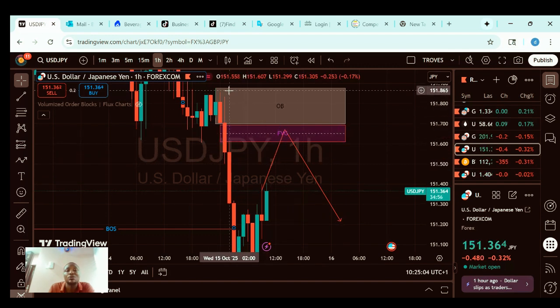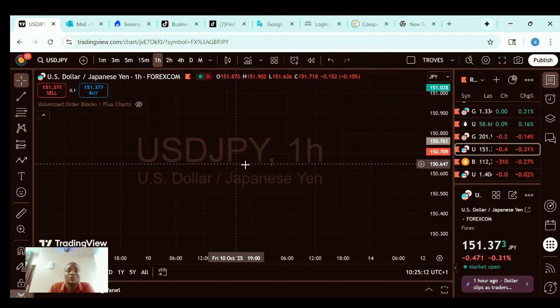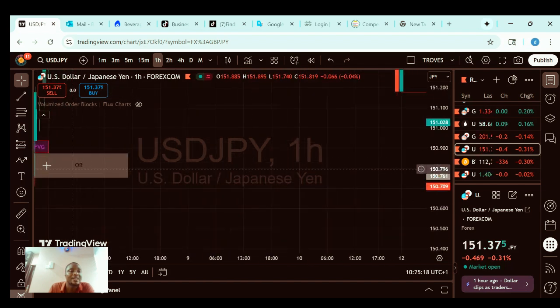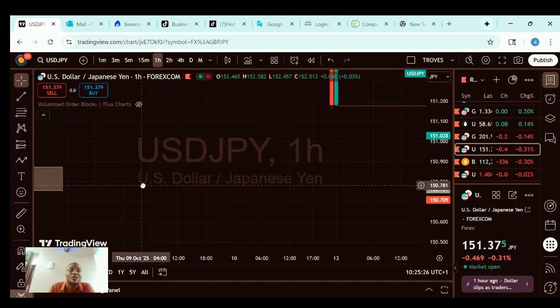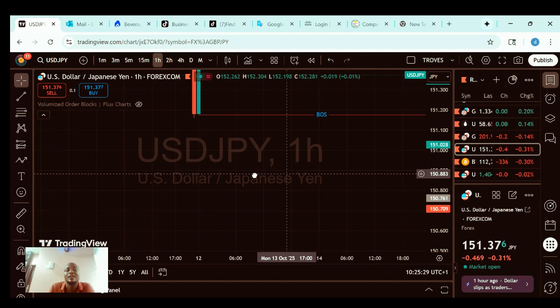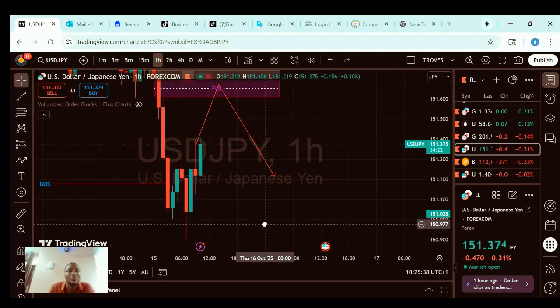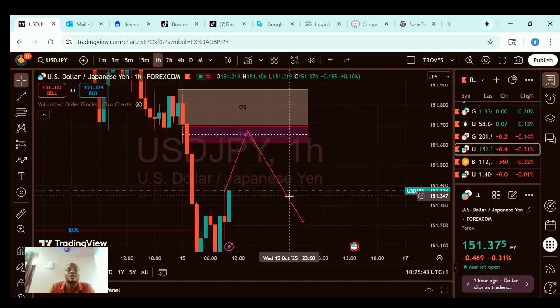Then I'll put my stop loss somewhere above this candle wick here, and take profit will definitely be at the next order block or the next support zone in that market. I'll take my profit around this area because I know the next movement will also break this level and form another break of structure, and price will get to that area before anything happens. That is how I take my entries for the aggressive entry.